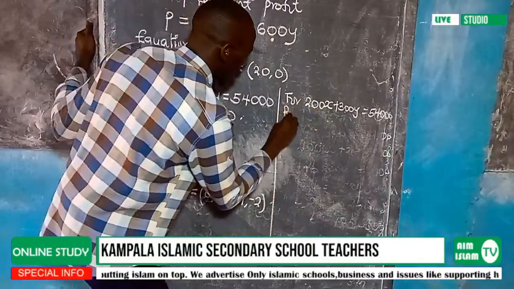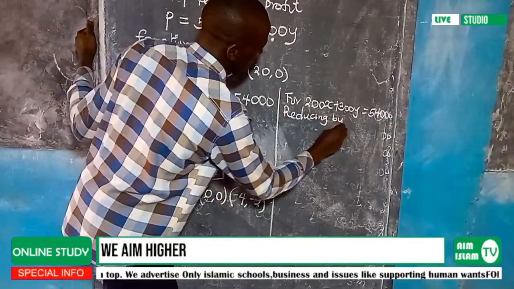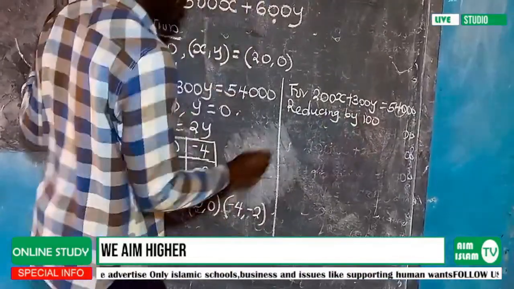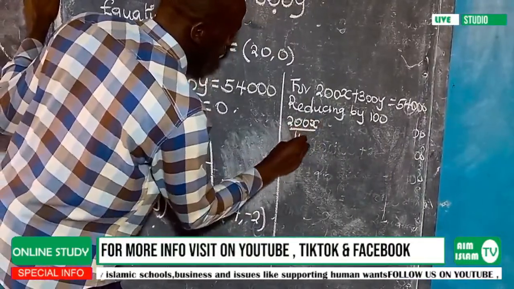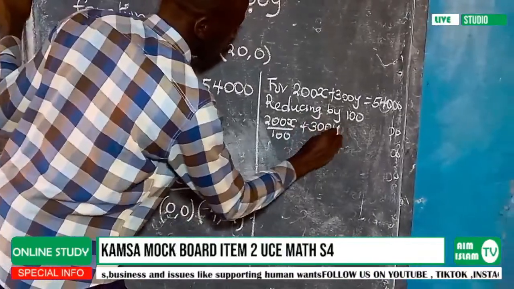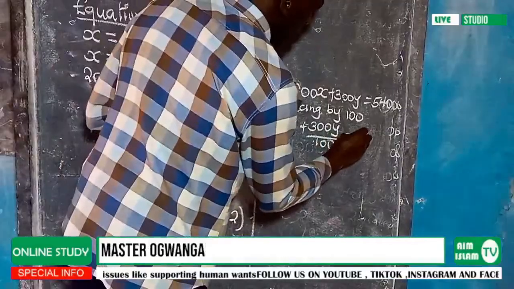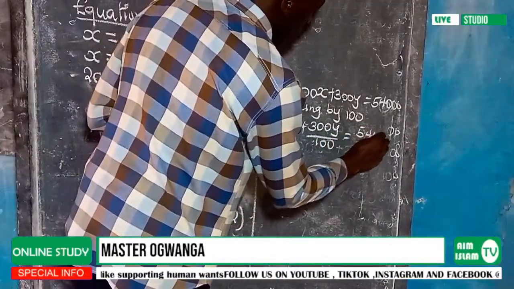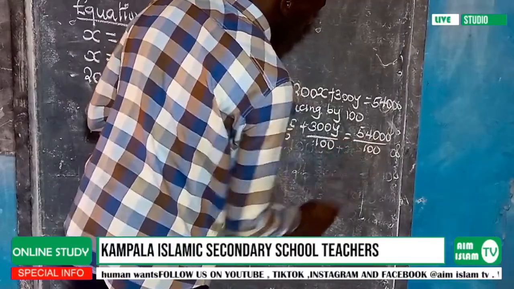So if I come and say reducing by 100, you have the 200 of x reduced by 100 plus 300 of y reduced by 100 equals 54,000 also reduced by 100.